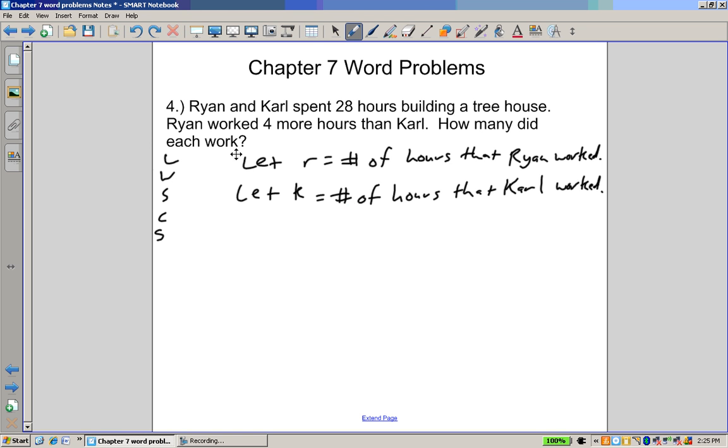And then they ask how many did each work. So we've got our let. Now I need to write. It looks like Ryan and Carl spent 28 hours. That looks like a sum, the total hours for each. So Ryan's number of hours plus Carl's number of hours equals 28 total hours. Now, Ryan worked 4 more hours than Carl.